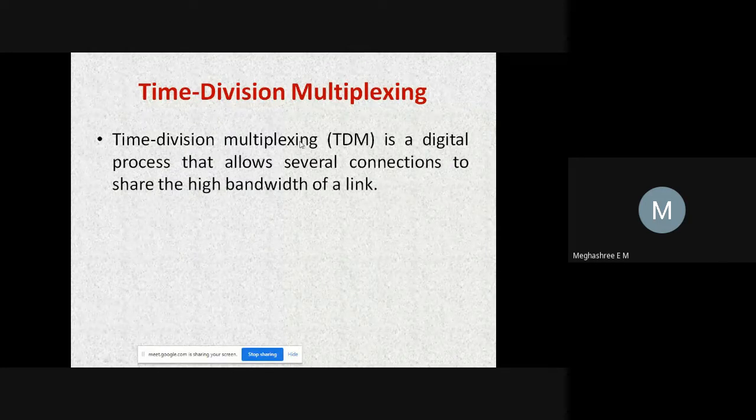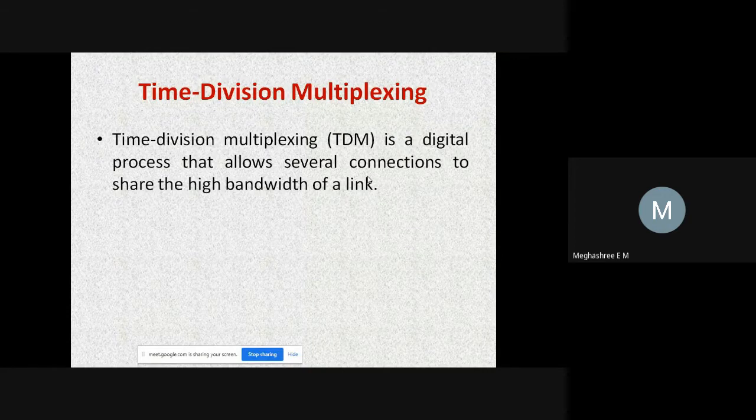It is a digital process that allows several connections to share the high bandwidth of a link. So when multiple input line signals are combined, they are passed over the high bandwidth link, where they share the bandwidth of that particular link before being delivered to the receiver end.